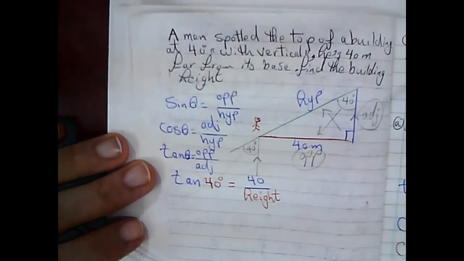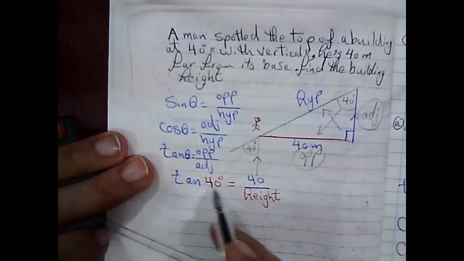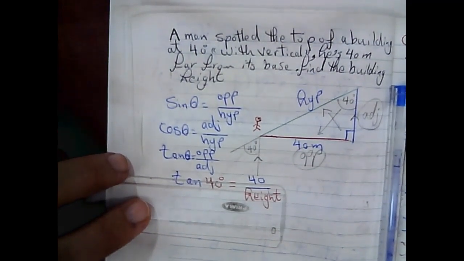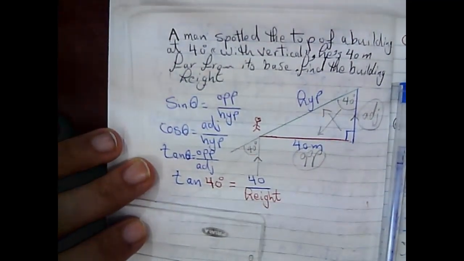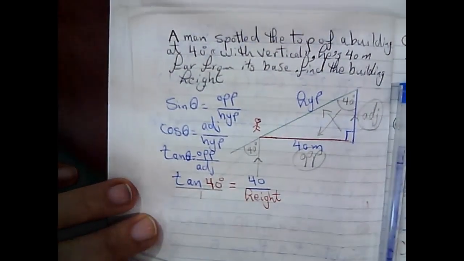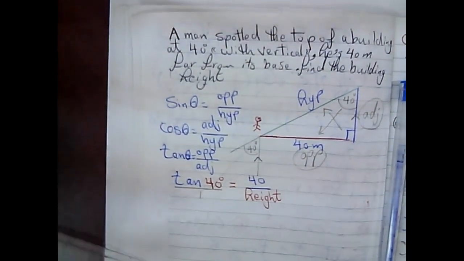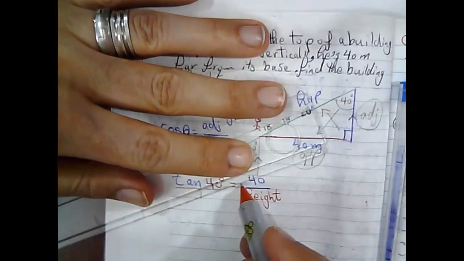So how do we get the height of the building? We want to do cross multiplication, so I make this side as a fraction form over 1. The two numbers making a cross, you multiply them and divide by the third number. So the two numbers making the cross here are 40 and 1.